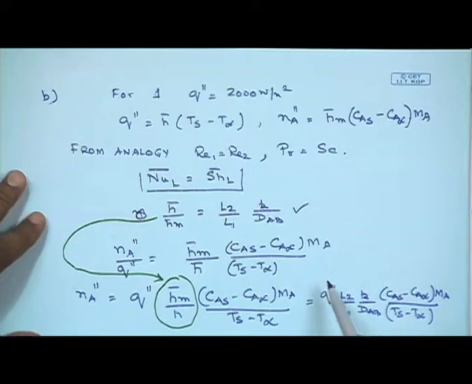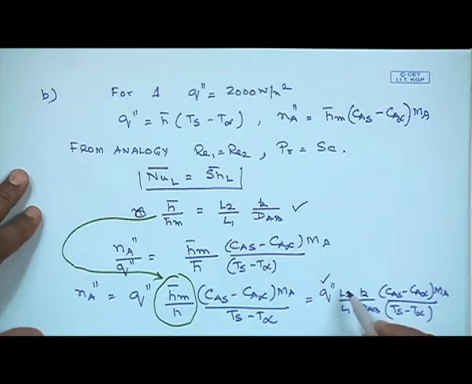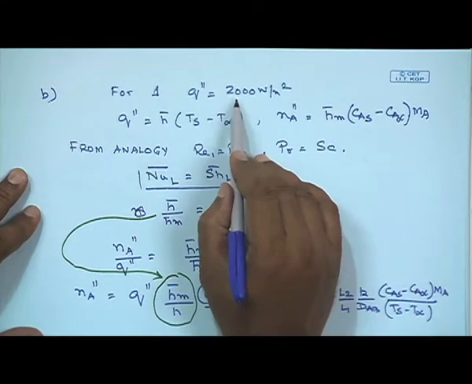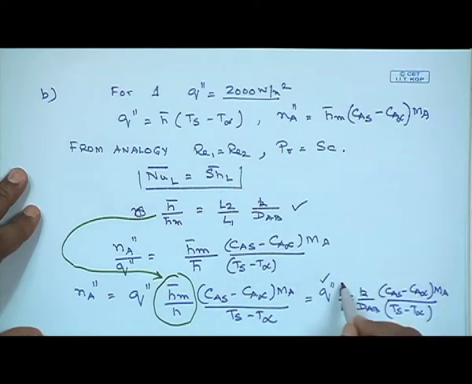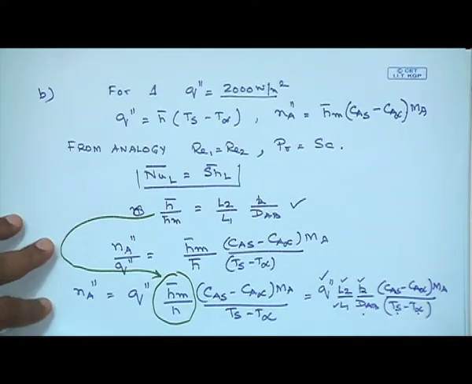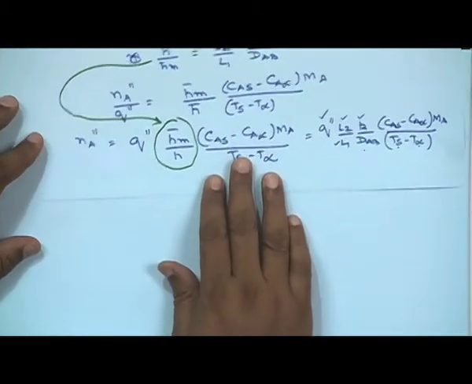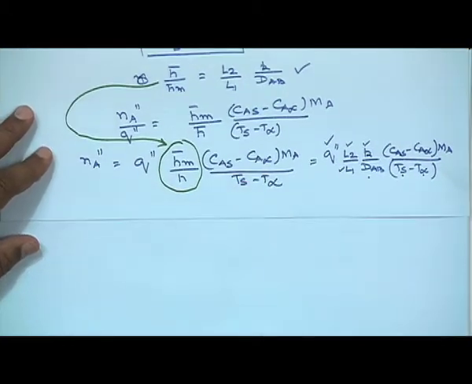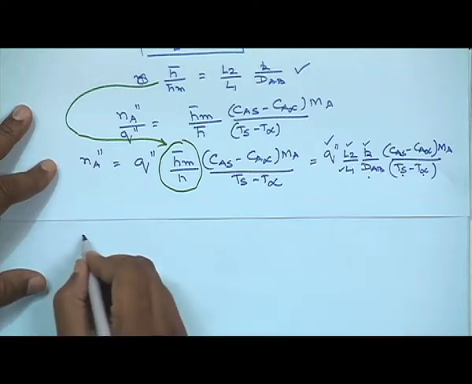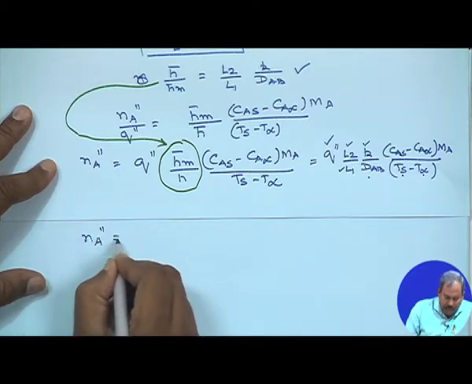So, in this, the value of Q double prime is known to me to be 2000 watt per meter square. L2 by L1, the ratio would be 2. The values of K, D_AB, C_AS, C_A infinity, T_S, T infinity, and M_A are everything known to me. So, I put this simply over here to complete the calculation.